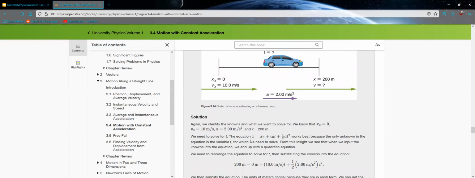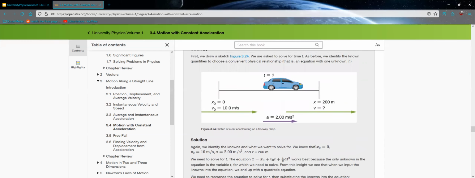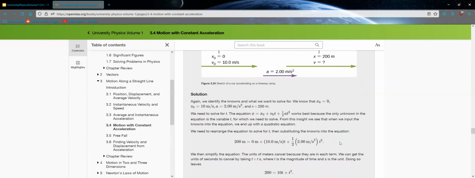We have this equation here, x equals x naught plus v naught t plus 1/2 at squared. And given some of our knowns, such as x naught, v naught, x, and a, we can probably solve for some of our unknowns. In this example, in that equation, the only unknown is t, right? So we can fill it all in and rearrange and solve for t.